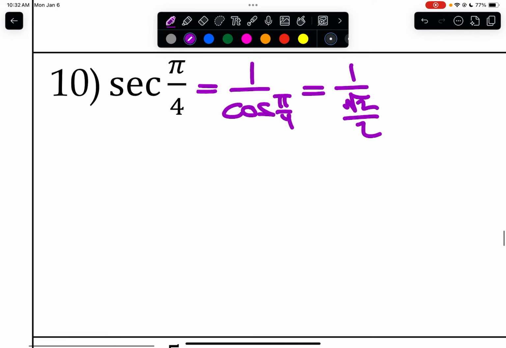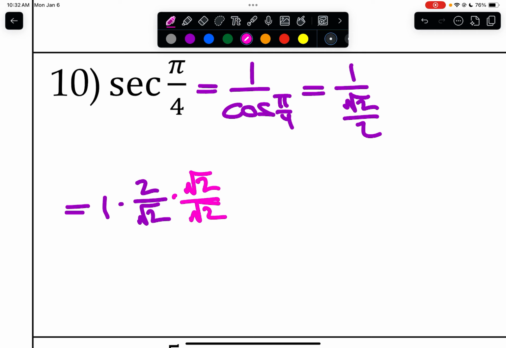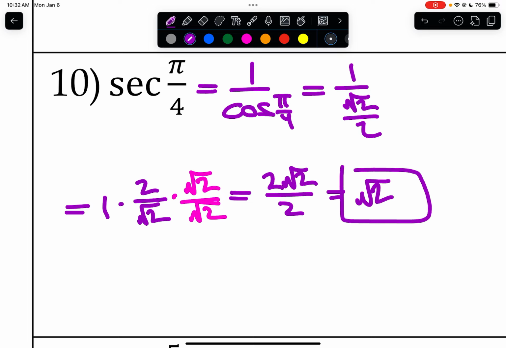So when you divide by a fraction, that's the same as multiply by the reciprocal. So 1 times 2 over root 2, and then we got to rationalize. So when you rationalize, multiply across, so that's going to give you 2 root 2 over 2, which is just going to give you root 2. So that's where those values come from.